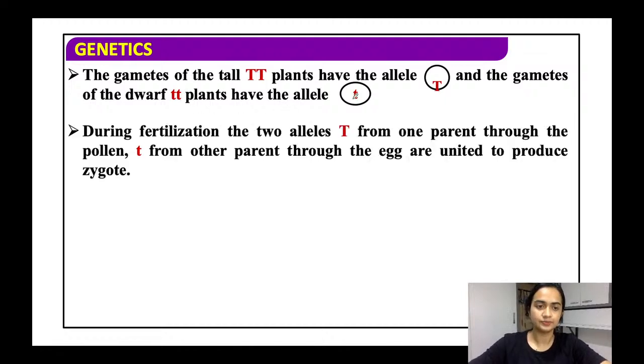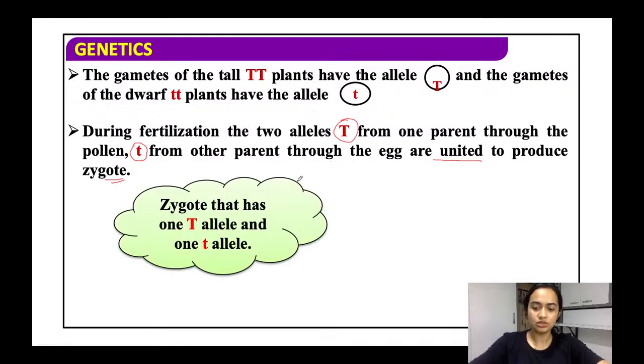Now, during the fertilization of these two alleles, what happens is that the pollen from the tall plant from one parent and the egg from the other parent, the dwarf one, are united to produce the zygote.